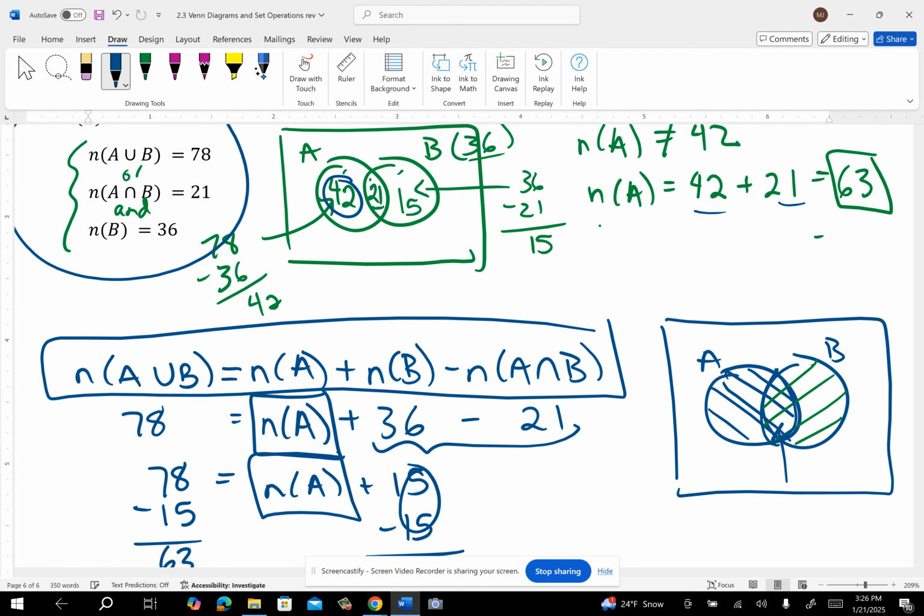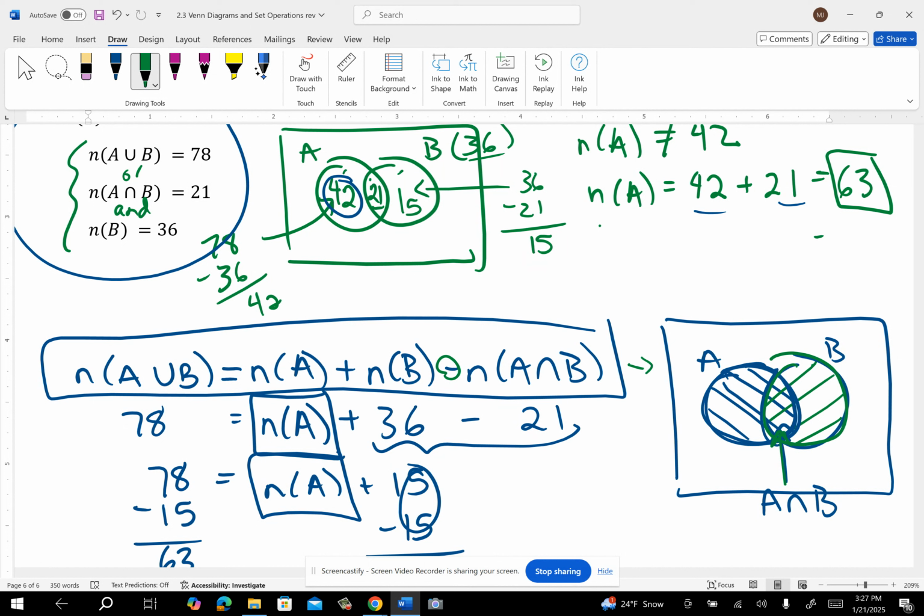So that means you've double counted that, and that's the intersection of the two. So if you're going to figure out how many elements are in the union of two sets by adding up how many are in A and then adding to that how many you found in B, then you've double counted this in the middle here. This has been double counted. So that's why you have to take away the number of elements in the intersection of the two, because you've counted them twice. That's where that formula came from. That's why it's what it is.